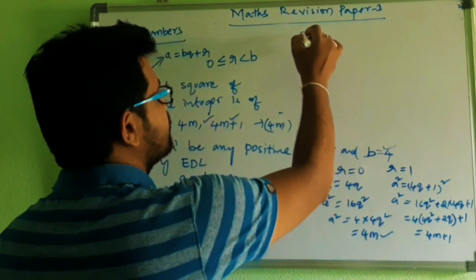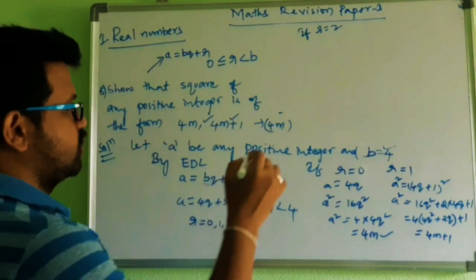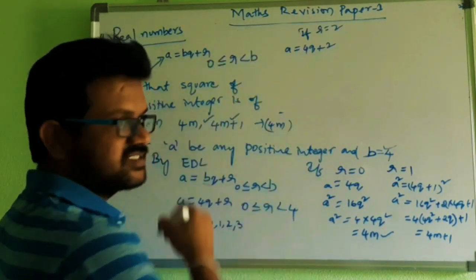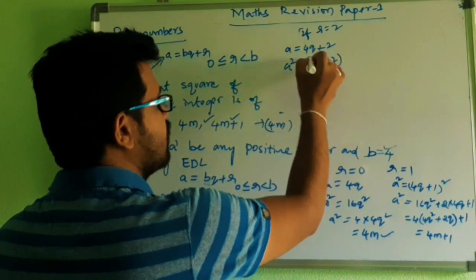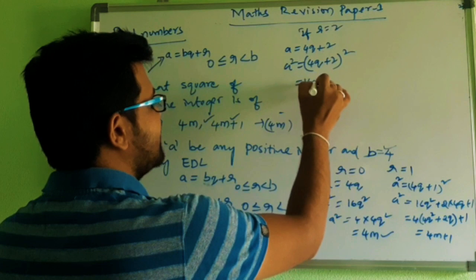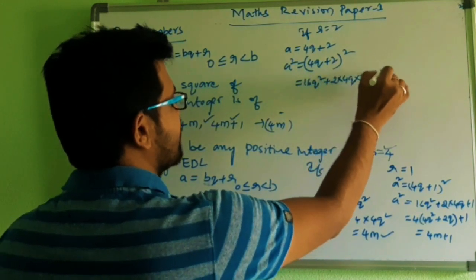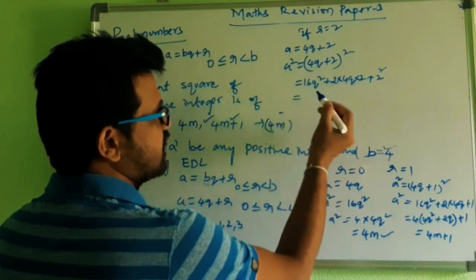If R is equal to 2, then A is equal to 4Q plus 2. So A square is equal to (4Q plus 2) whole square. That is 16Q square plus 2 into 4Q into 2 plus 2 square, right? In all these, 4 is common.